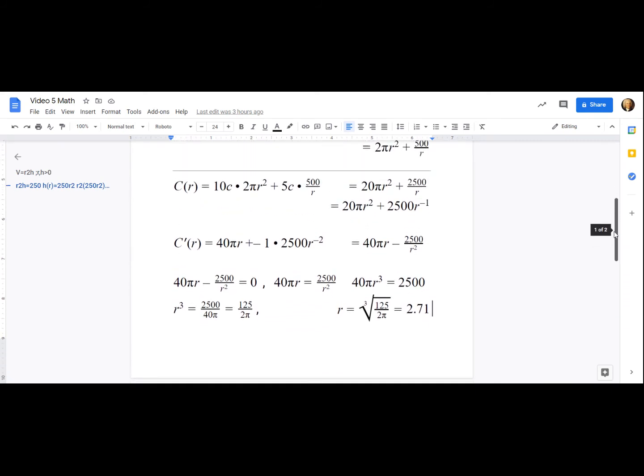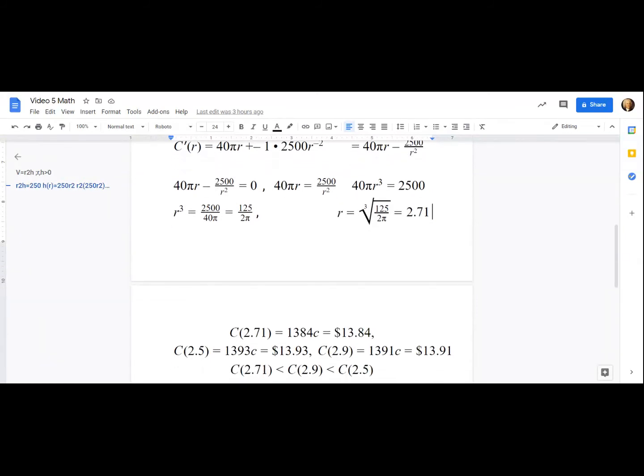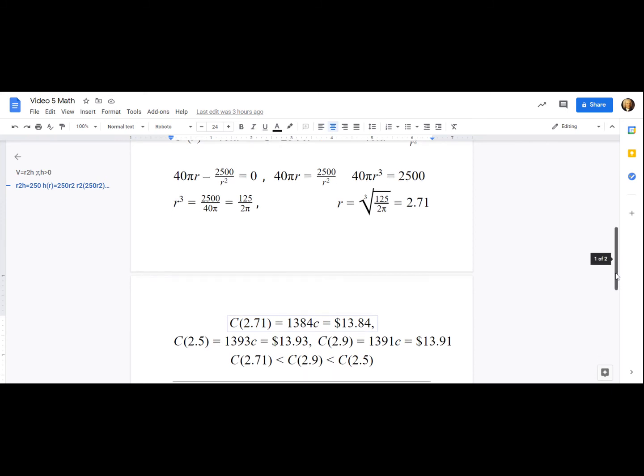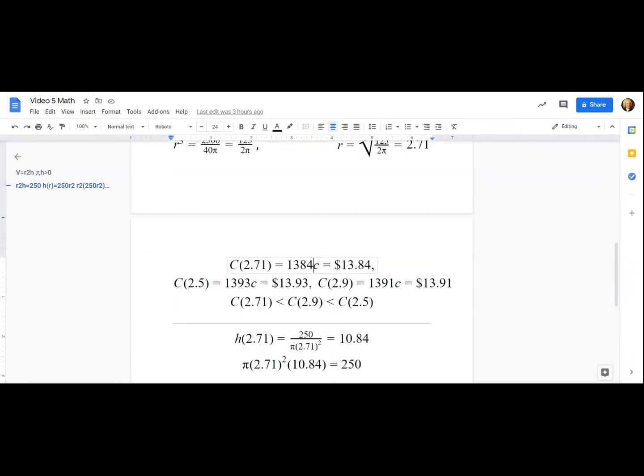And so we're going to take the critical value here and plug it back into our cost function and compare it among some other points. So I've done this math already. C of 2.71 equals up to 1,384 cents or $13.84. Compare that to the function of 2.5, which equals 1393, and 2.9, which equals 1391.